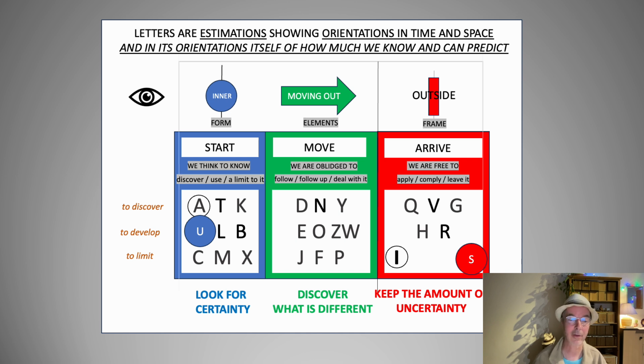The last category of letters is where what we think about these positions no longer matters, but when we follow what is going on there, we will understand it better, and it will also take shape better. But we are still free to apply to these ideas that are expressed with these letters.